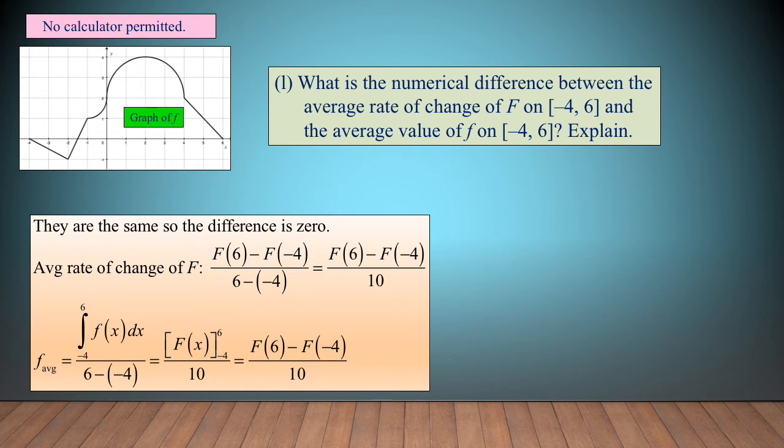The average value of little f would be the integral from -4 to 6 of f of x dx over 6 minus -4. And we know that the integral of little f is capital F. So that is capital F of x evaluated from -4 to 6, which is F of 6 minus F of -4 all over 10.